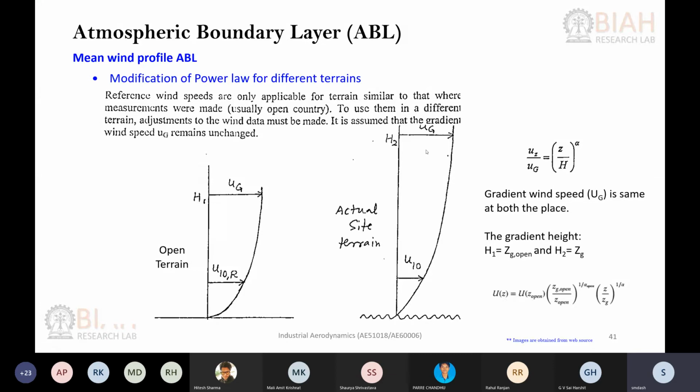UZ corresponds to the velocity information at the actual site, which depends on the velocity information at the open terrain or reference case. All these open terms correspond to the reference case, and this is for your actual site. Similar to your logarithmic profile, you can do the same thing here.